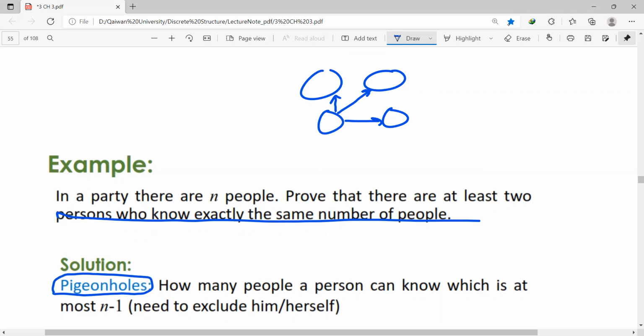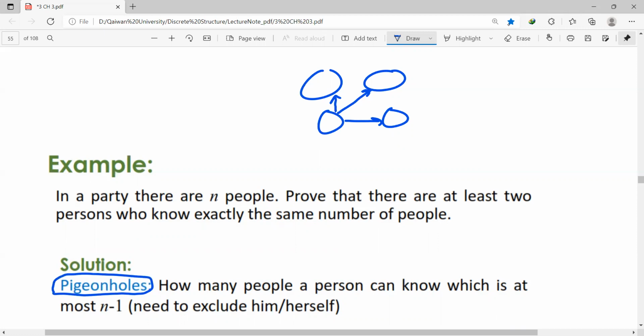Okay. But here we have n people. Among n people, there are 2 people who know the same number of people. For example, here we have, let's say, 25 students. Maybe only 2 of you have relations with the same number of other students. Maybe you have a relation with 5 of them, and maybe another one has a relation with 5 of them.